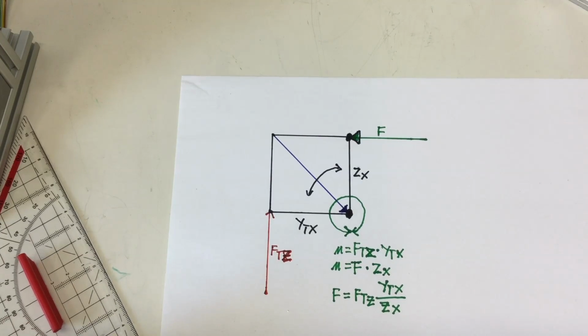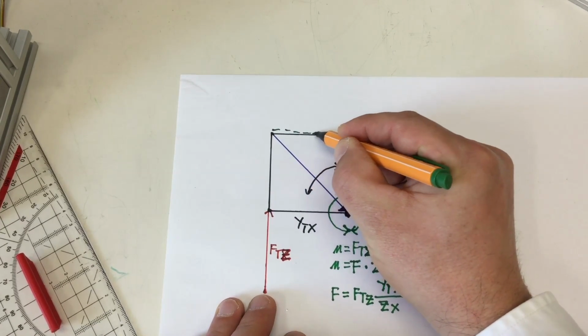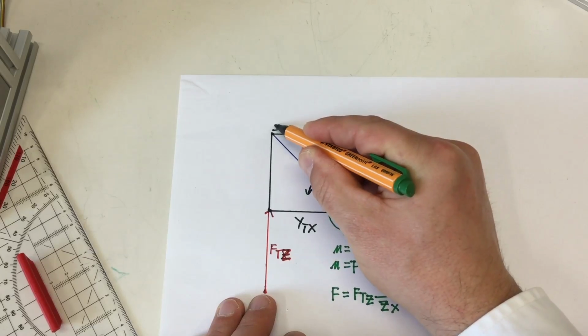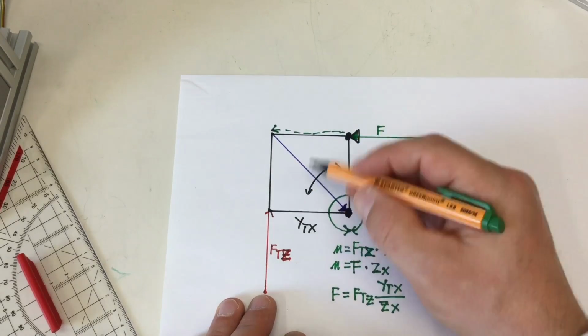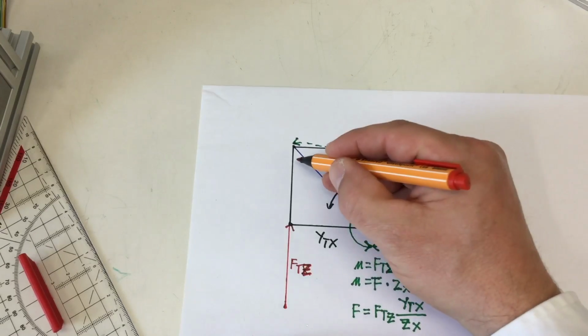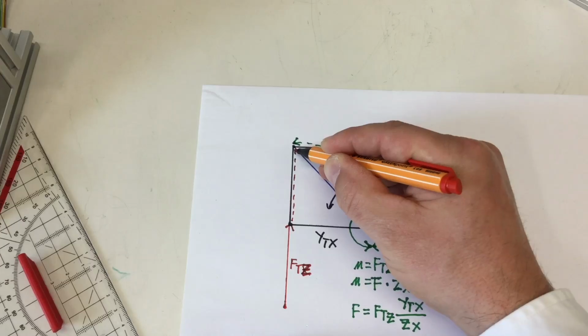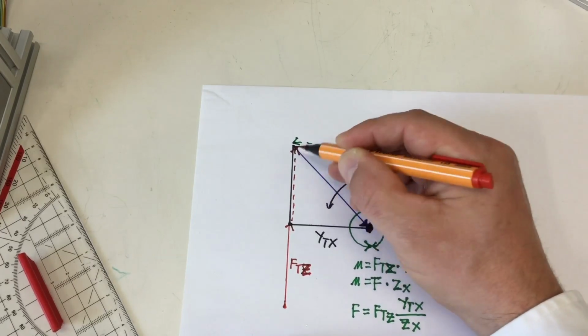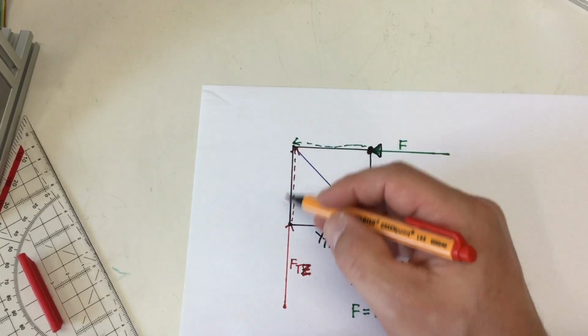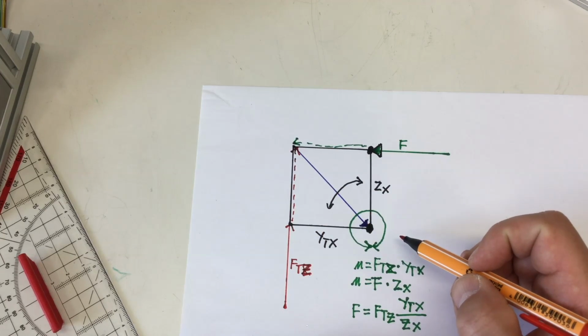I will just repeat the forces here again. Also remember, as long as the forces in a force triangle join in the same point, you can move them around. You can't change the direction, but you can move them around like you want.